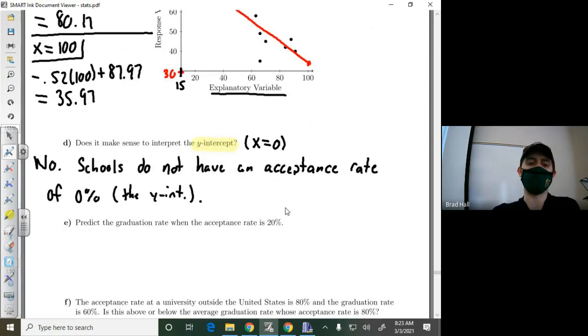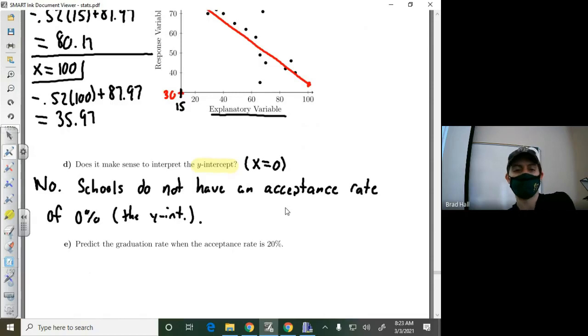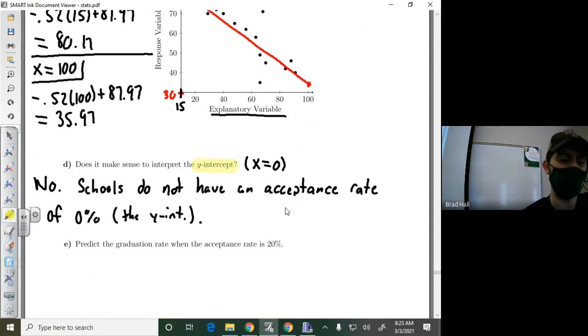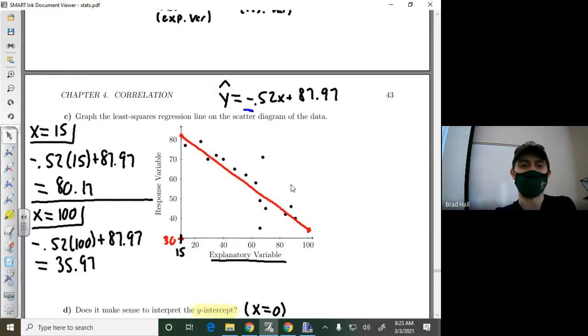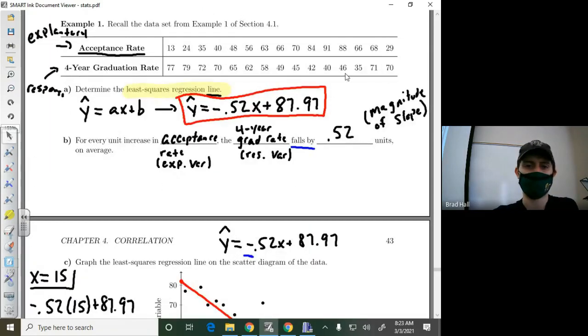But something we can do, instead of looking at this y-intercept, is predict the graduation rate. Notice it says the word predict the graduation rate when the acceptance rate is 20%. If we scroll up to our data set, there's no acceptance rate given that is 20%.